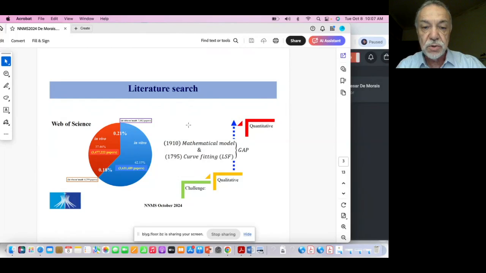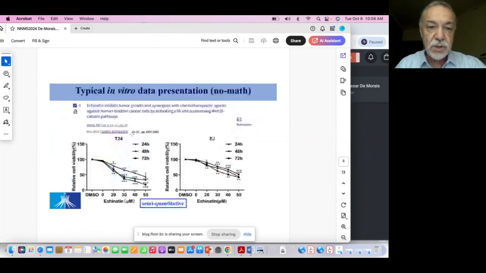So the combination of these two tools allows us to move from a simple qualitative analysis to a quantitative analysis. Nevertheless, the number of papers including this quantitative analysis is well below 1%. But it is increasing, fortunately.